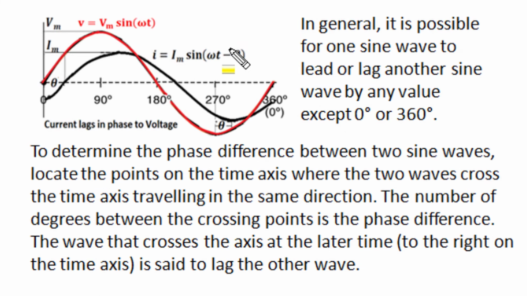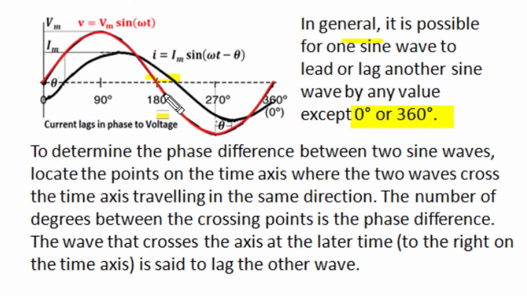In general, it is possible for one sine wave to lead or lag another sine wave by a phase difference angle between 0 degrees and 360 degrees. To determine the phase difference between two sine waves of the same frequency, we can locate identical phase positions on the time axis, as this is 0 when the signal is crossing from positive to negative, and this is 0 for the black wave, and this angular span becomes the phase difference between the red and black waves as shown here.